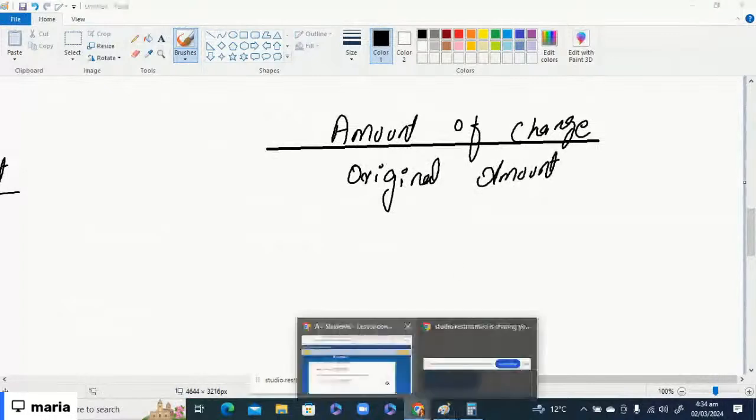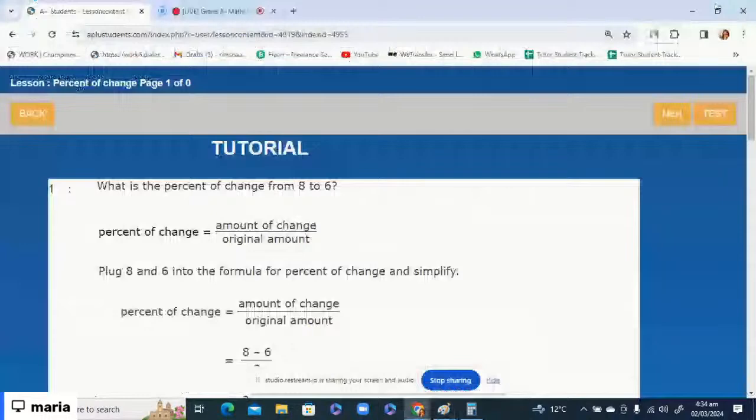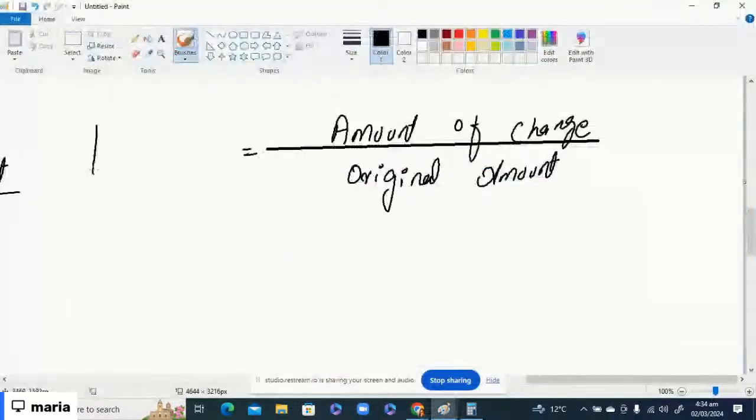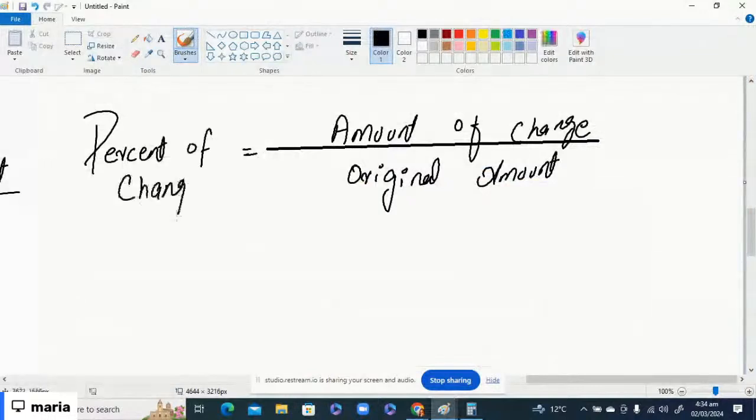Amount of change over original amount, and this is equals to percent of change. The percent of change is amount of change over original amount.